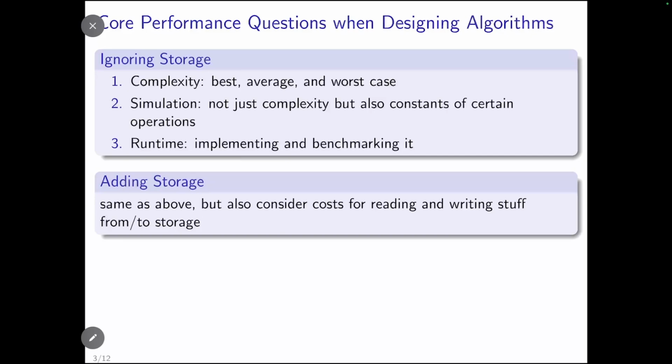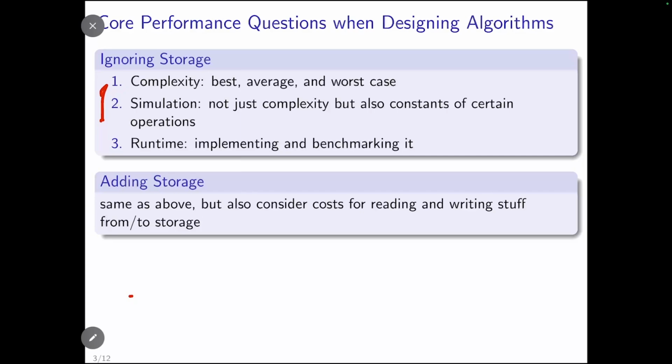You could also care about the constants. The constants in the individual operations are typically not considered in these complexity analyses. That's very important when you really want to understand which algorithm is faster. You can have two algorithms that are linear.